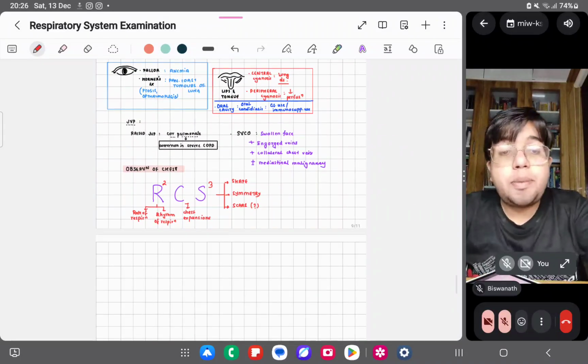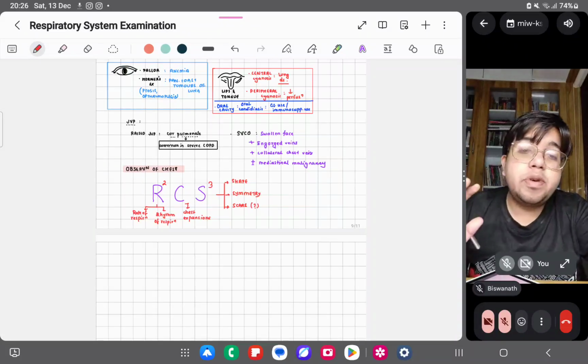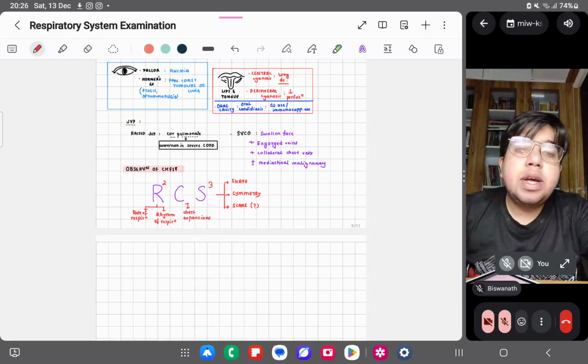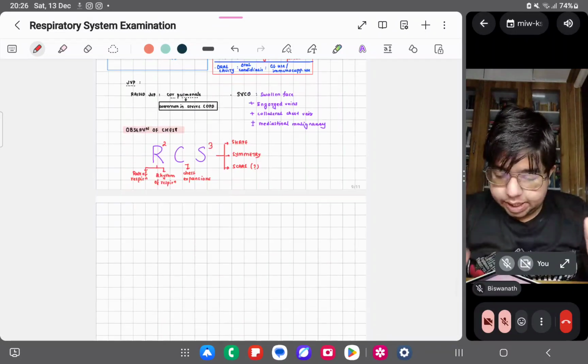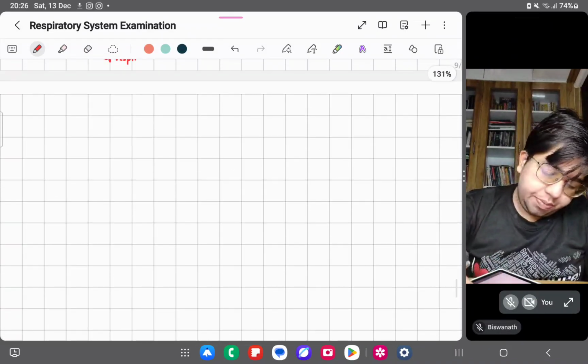in each and every patient coming to you for respiratory examination. We'll start with the big part, shape of chest.